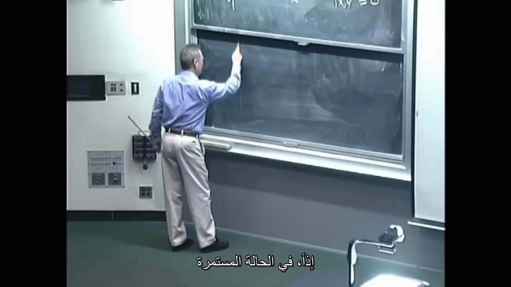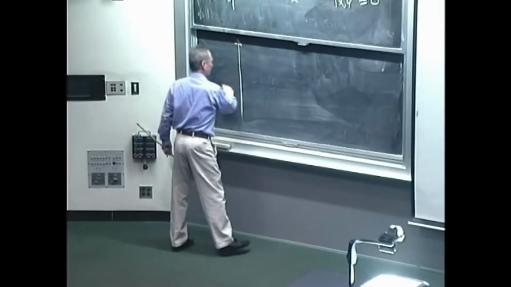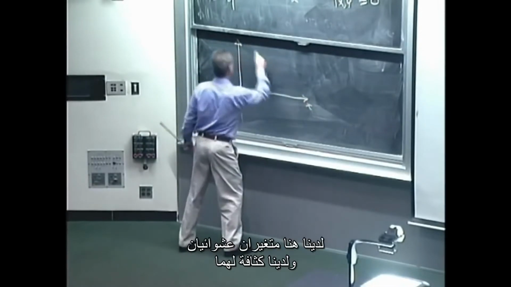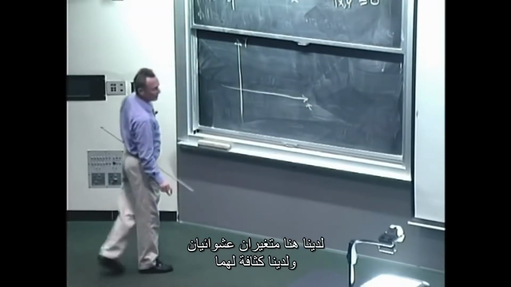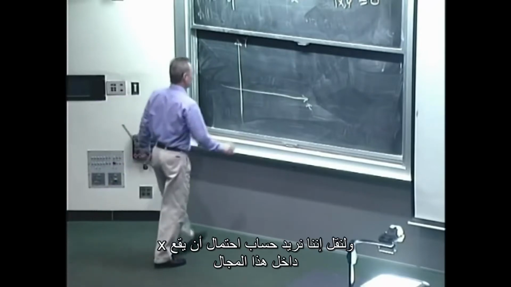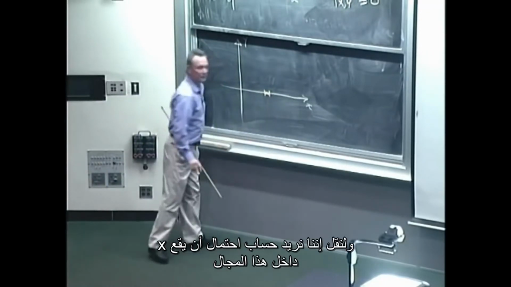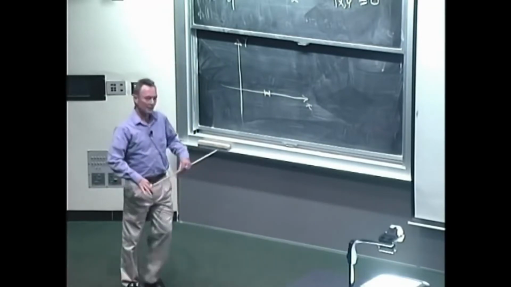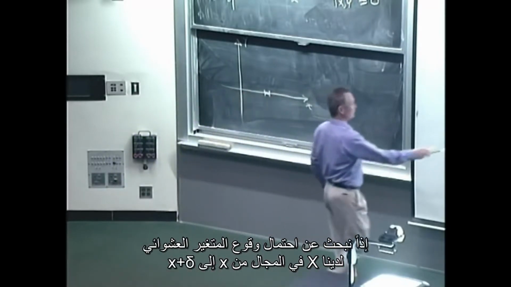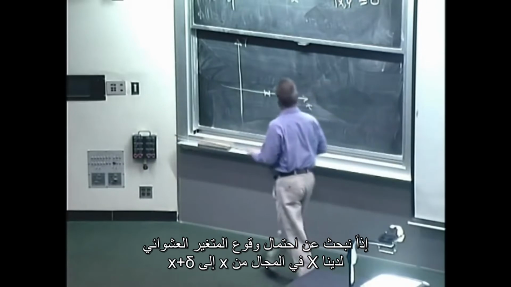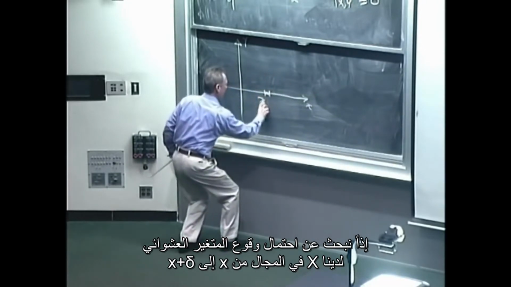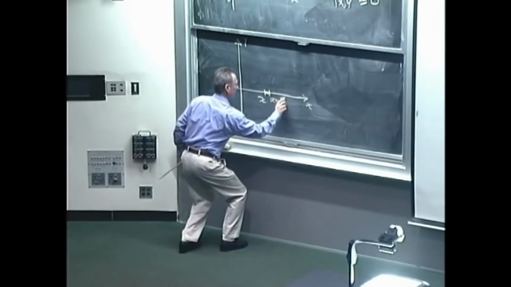So in the continuous case, we have here our two random variables, and we have a density for them. And let's say that we want to calculate the probability that x falls inside this interval. So we're looking at the probability that our random variable x falls in the interval from little x to x plus delta.